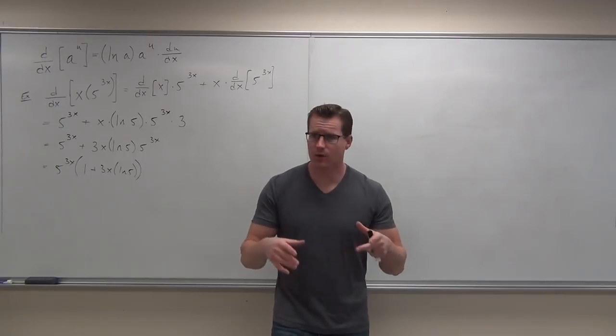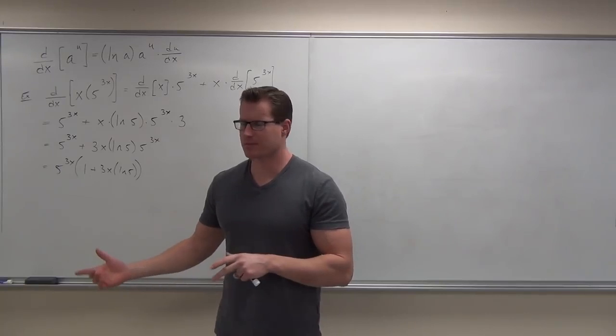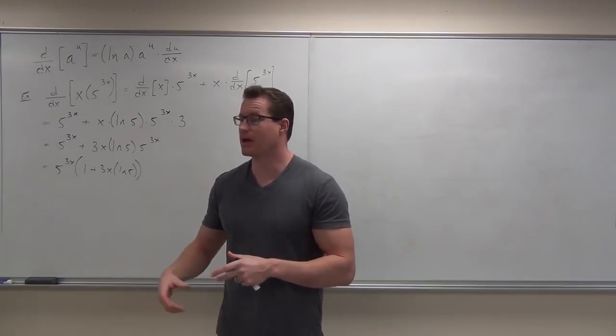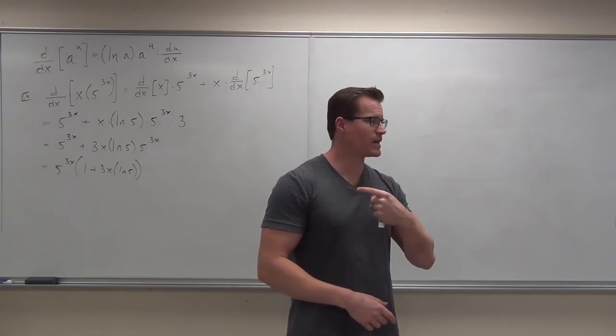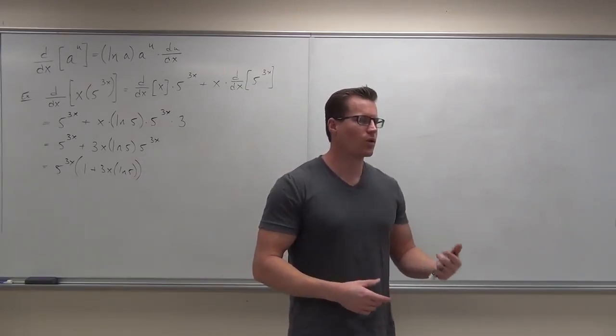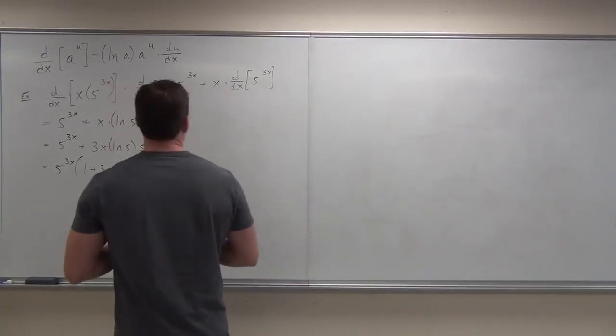Hopefully, you feel okay on doing these derivatives of exponentials. We're going to talk about logarithms, well, not just ln, but logarithms in a minute. We'll also talk about integrals of these in just a minute. But I do want to give you one more idea before we get there. And the idea is this.